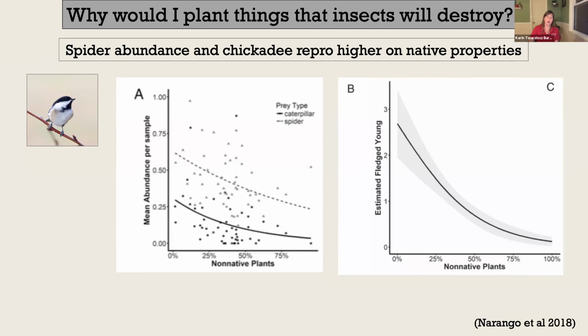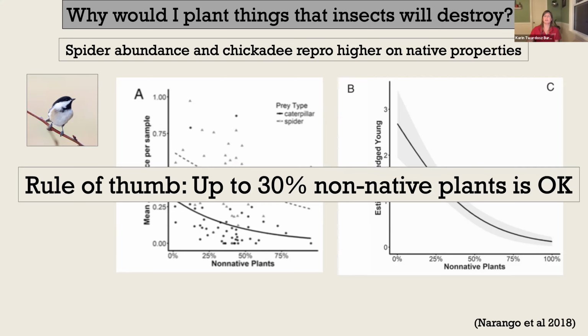And that's a really important concept to communicate to folks if you're trying to encourage them to use native plants. The other interesting thing that came out of this study is that she found that basically in order for these chickadees to have a replacement rate above 1, you could have up to 30% non-native plants.